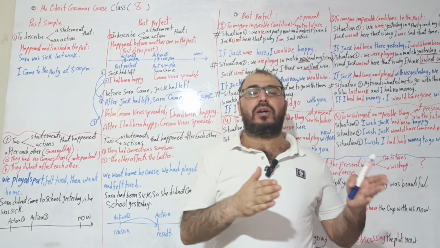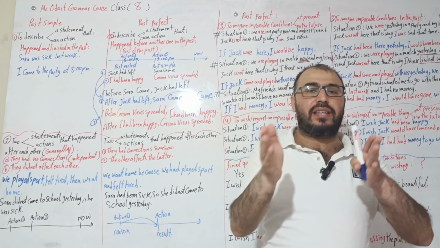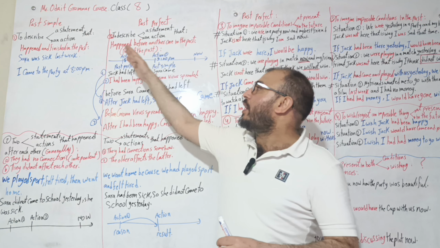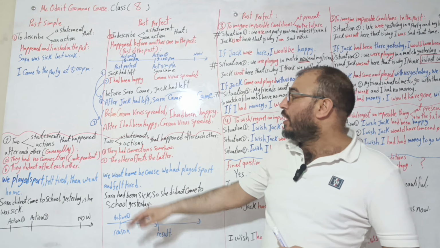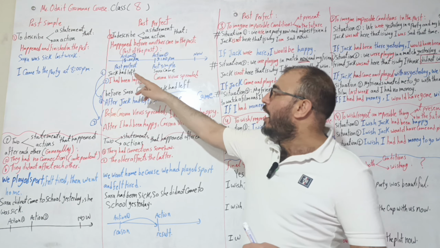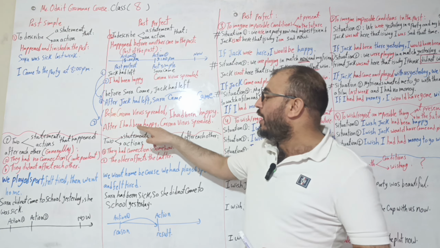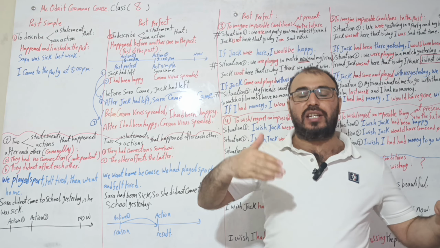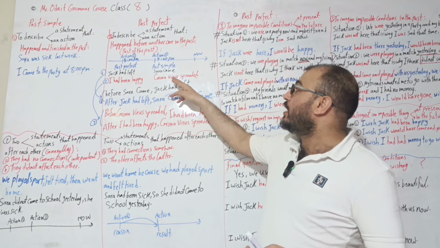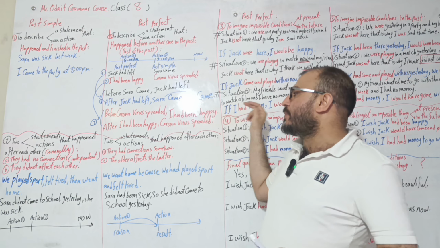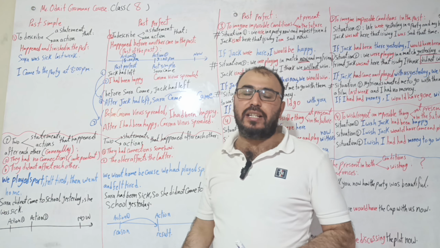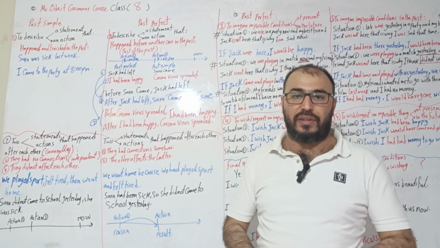For example, in 2018, 17, 16, and so on. So before this happened, I had been happy. Or I can say, after I had been happy in 2016, 2015, 2018, coronavirus spread in 2019, so the statement of happiness had finished.